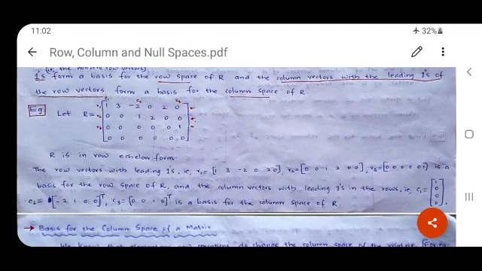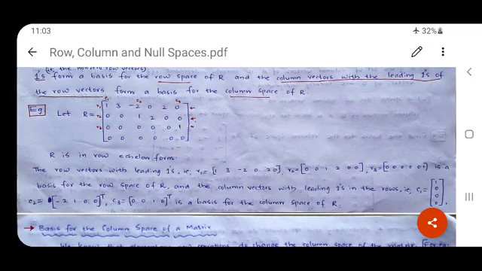And for the column vectors with the leading ones in the rows, the first row has its leading 1 at C1, the second row has its leading 1 at C3, which means the third column, and the next leading one is in the third row at the sixth position, which is C6. So the first column vector is 1 0 0 0.